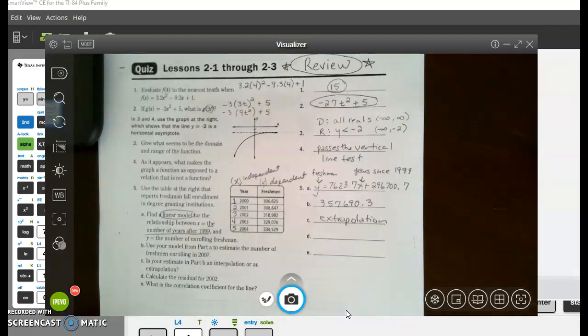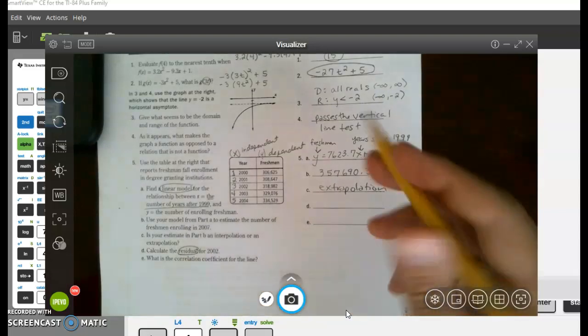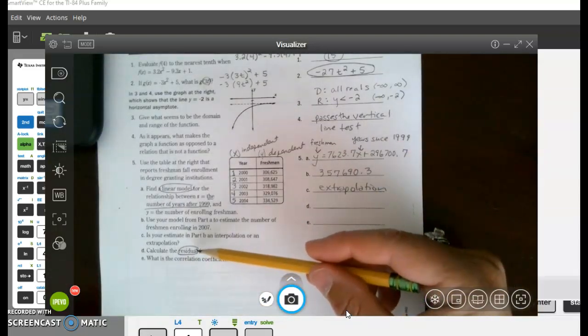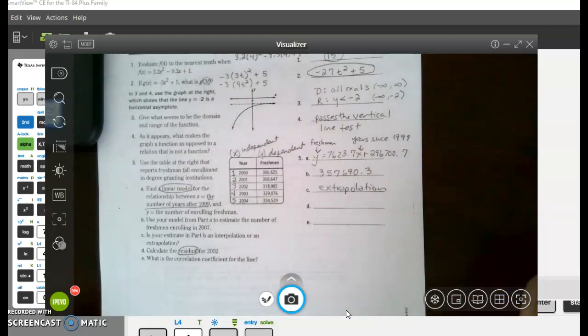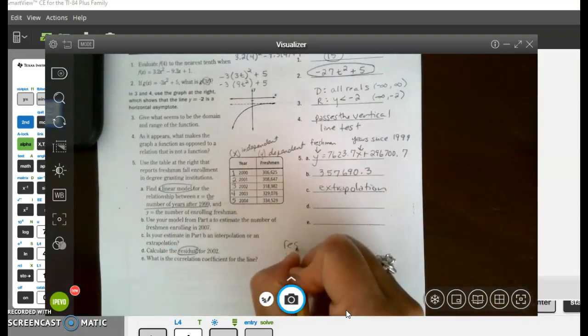Letter D asks us to calculate the residual for 2002. At the time I'm assigning this, I might not have taught residuals yet, but by the time you do the quiz review, we will have learned about residuals. A residual is another word for error.